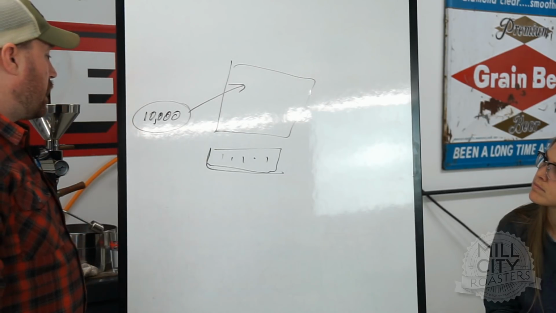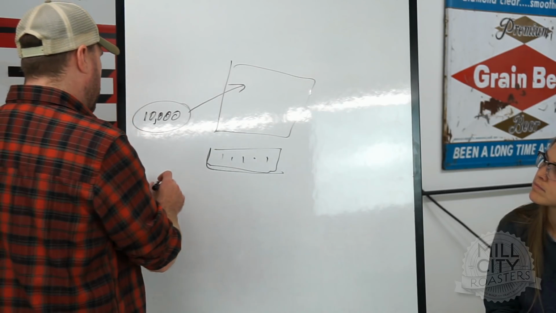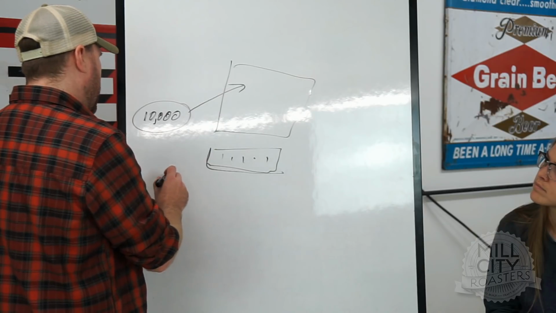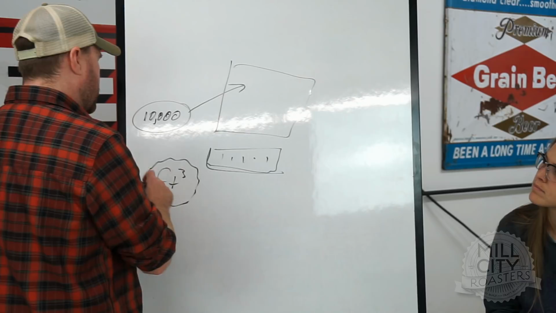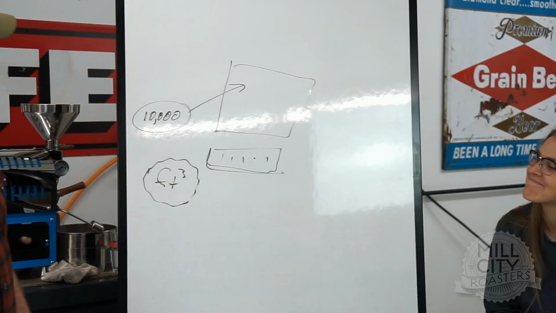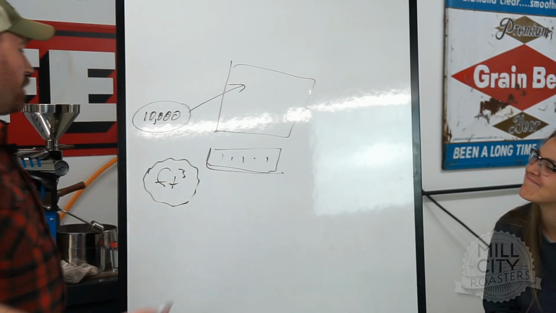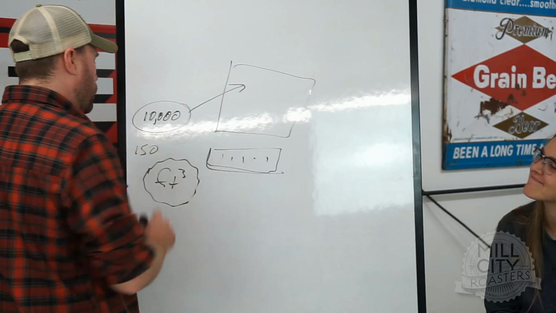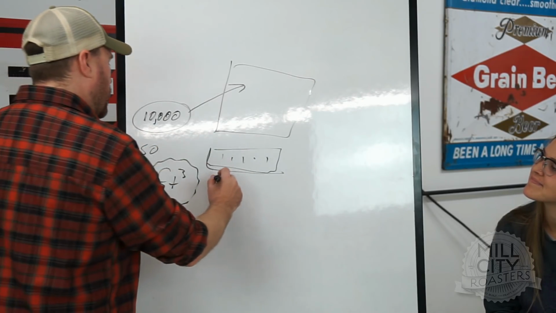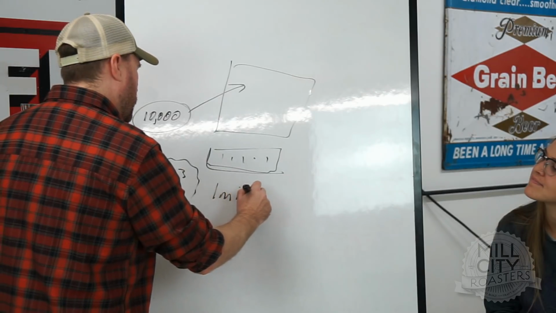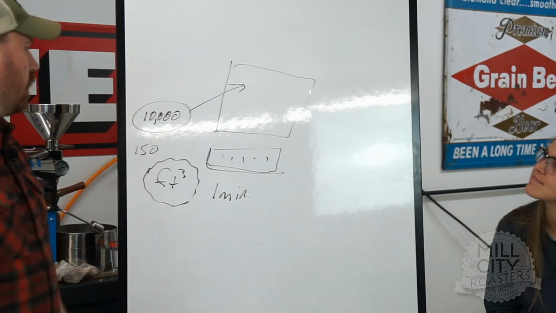So let's say there's a certain number of cubic feet of air, that's what this is going to be. Let's say like 150 cubic feet of air being pulled across this burner in any minute. This is hypothetical.